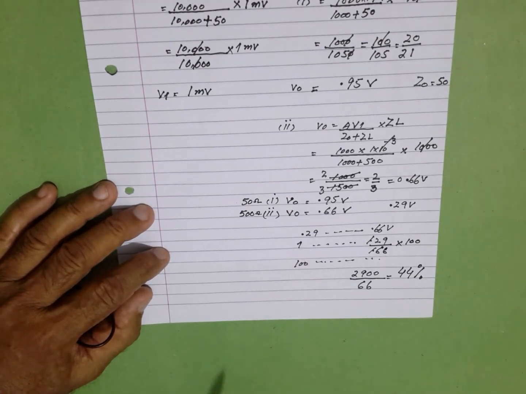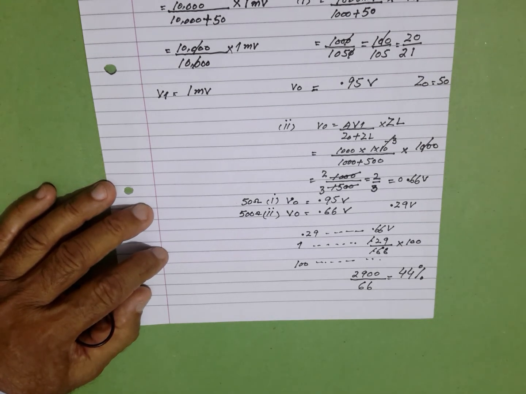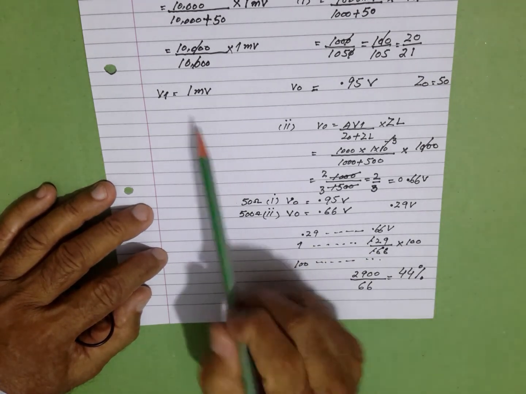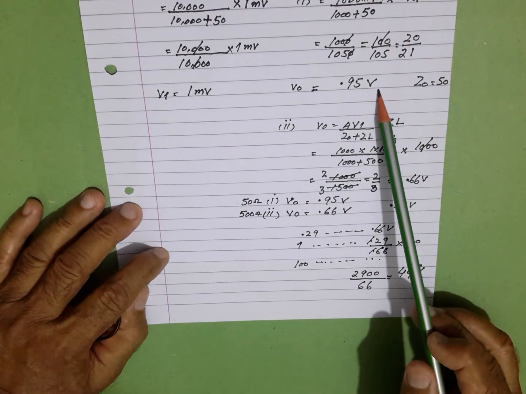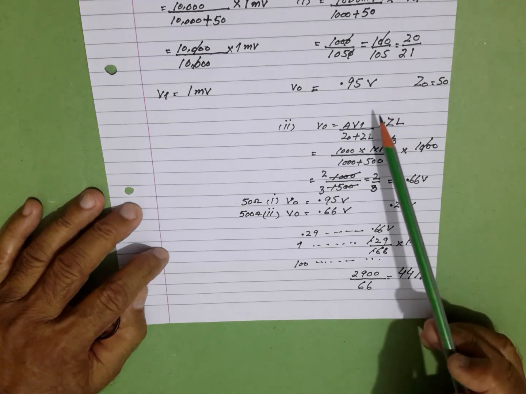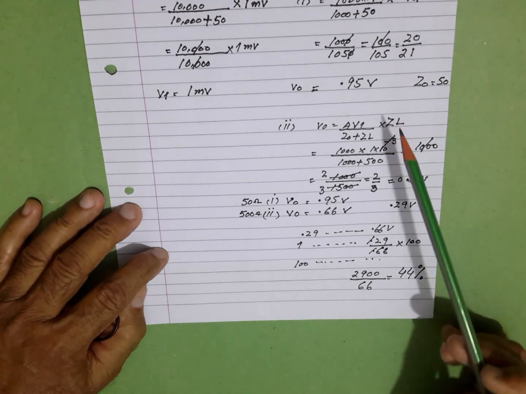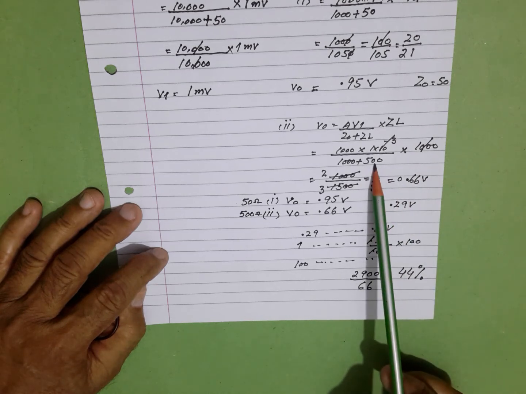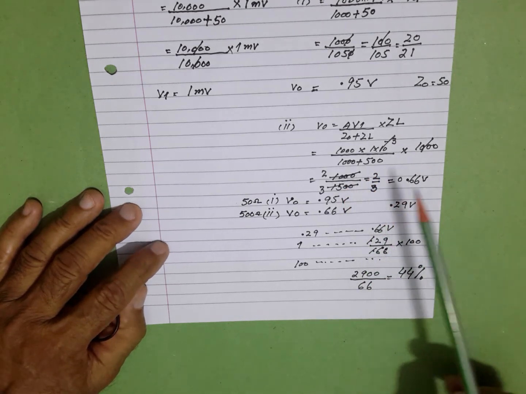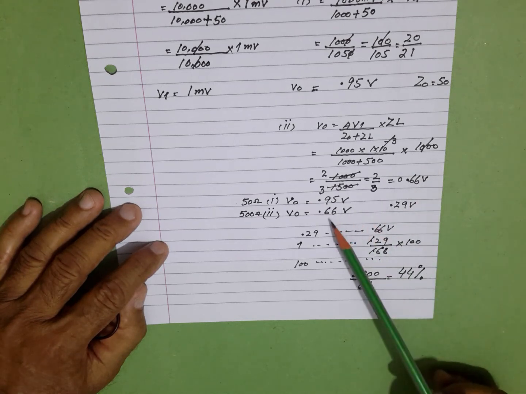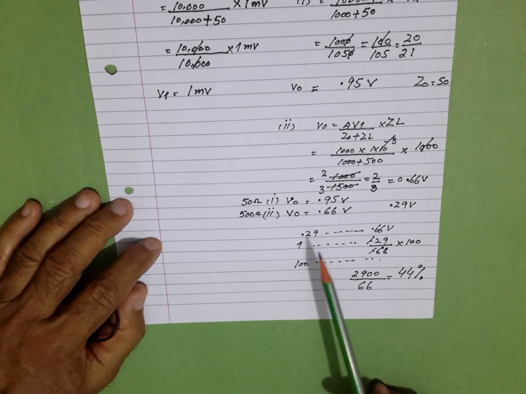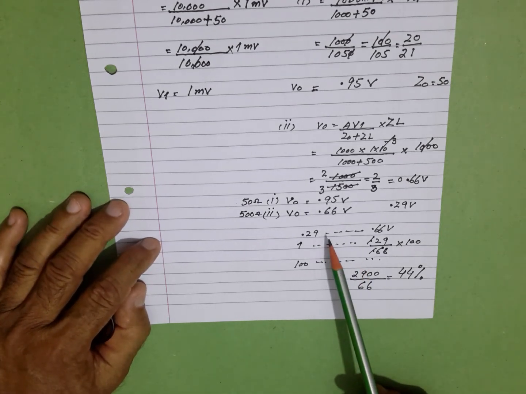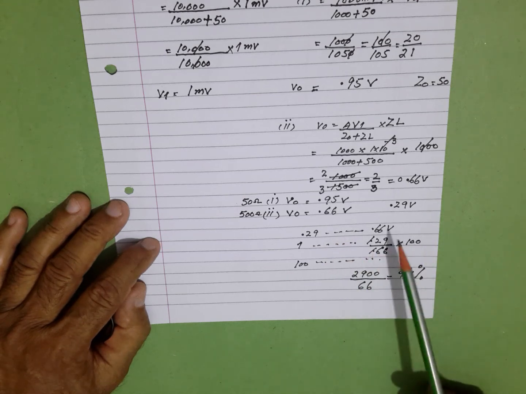Finally, we conclude that with the same input voltage, with 50 ohms, we got 0.95 volt. But when ZO was increased 10 times, from 50 ohms to 500 ohms, the output voltage fell from 0.95 volt to 0.66 volt. In percentage, 0.29 was the difference between the two voltages, and it brought the output voltage to 0.66 volt.